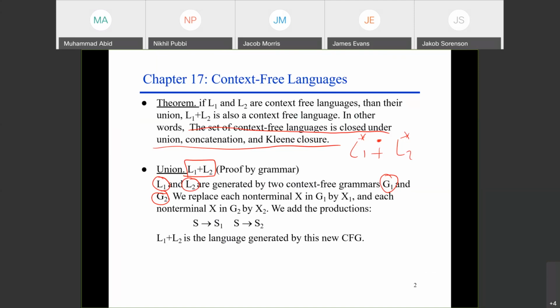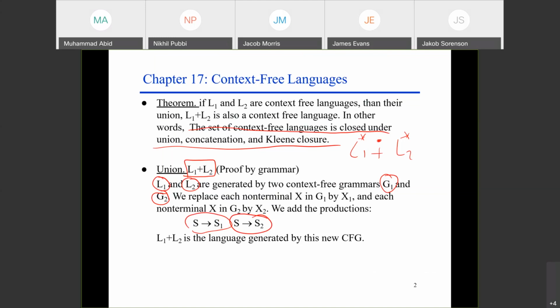Then you can tell which language a non-terminal belongs to, either language 1 or language 2. Then add a new start production rule: S can be replaced by S1, S can be replaced by S2, and just add that into your grammar, and the job is done.